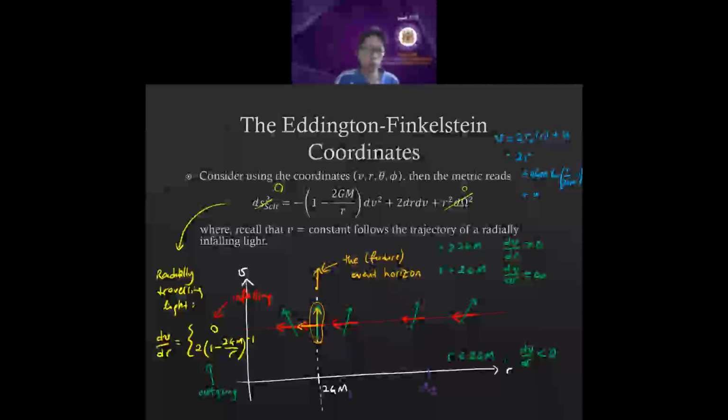Remember that I said this metric describes the outside of a spherically symmetric body, provided that the outside is a vacuum. So this metric is only valid to describe this region, but not the interior of the Earth, which is why the Earth doesn't have any event horizon.